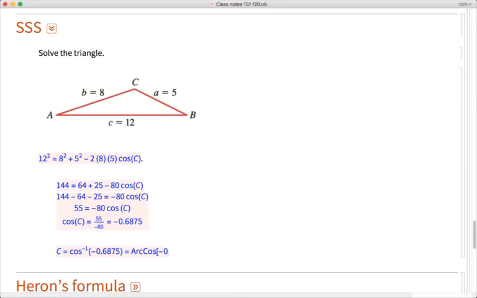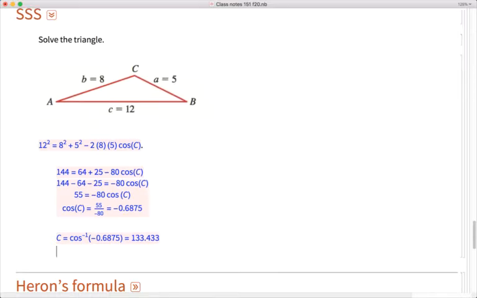Arc cosine is the inverse. And once again, I need to switch into convert to degrees. So in degrees, and hopefully your calculator will bear this out if you're in degree mode, angle C is 133.433 degrees.